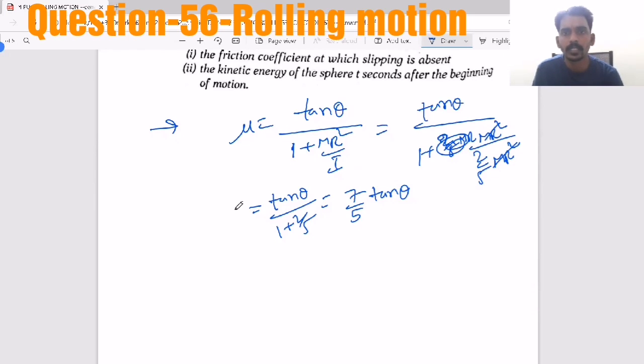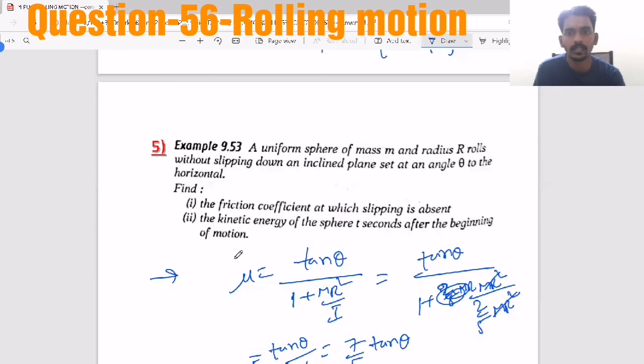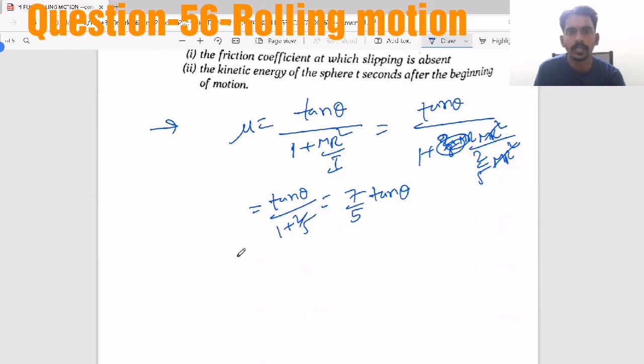Next, the kinetic energy of the sphere t seconds after the beginning of motion. So it started rolling down. Now they are asking kinetic energy after some time. So V equal to U plus A T after some time.